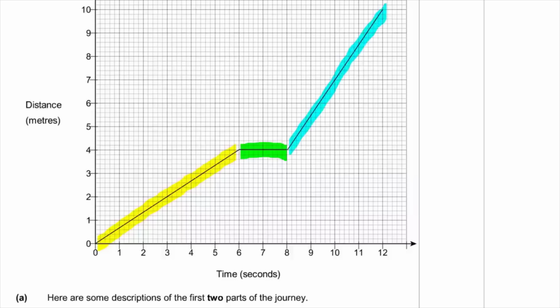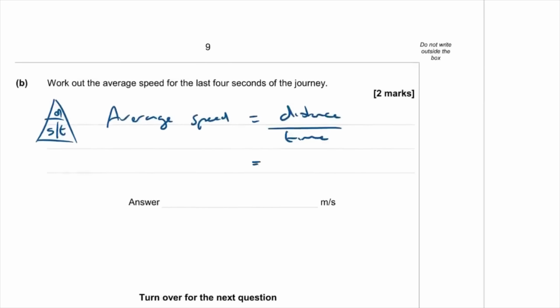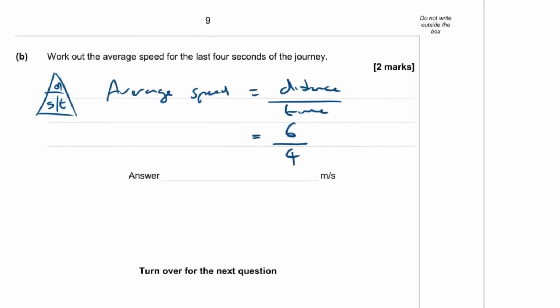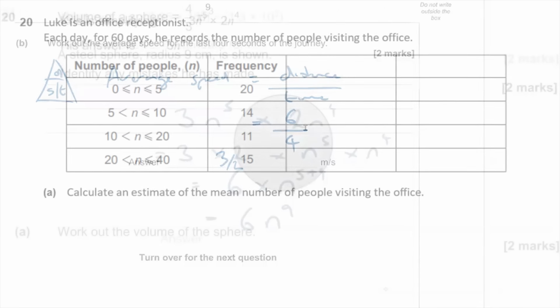Well, we know the time. The time is the 4 seconds. And the distance traveled then is going to be the distance from 4 to 10, which is a distance of 6 meters. So it's gone 6 meters in 4 seconds. So then average speed is going to be 6 divided by 4, which is 3/2 meters per second.